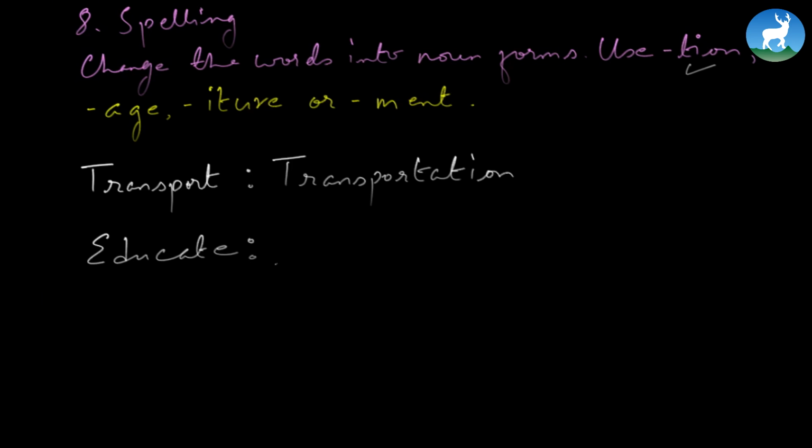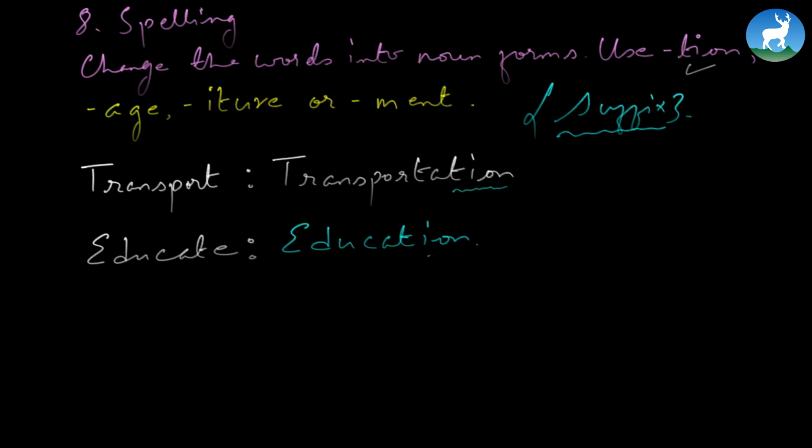Again, education. This is what is called adding a suffix to it. See, where we are adding these 3 or 4 letters at the back of the word, like tion. Here you go, this is the suffix here. Education, educat, again. All right, that's the suffix there.